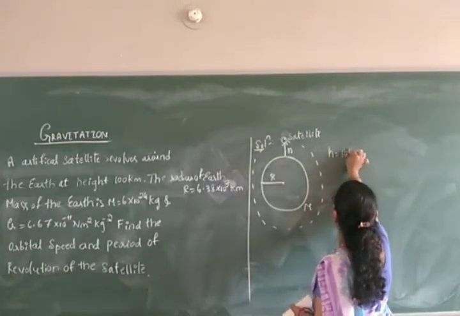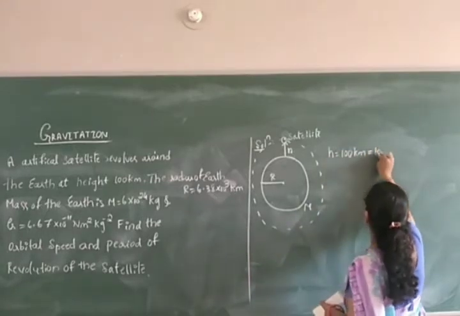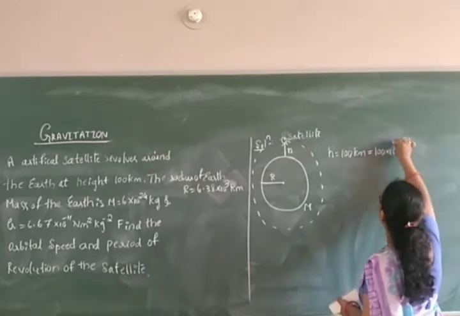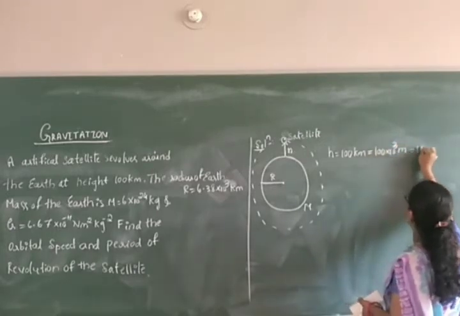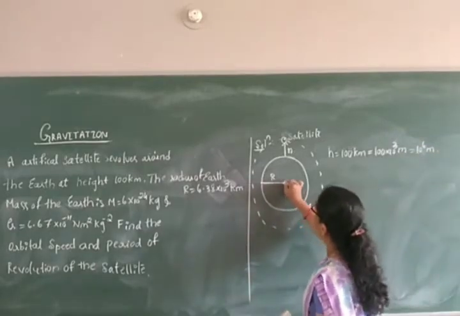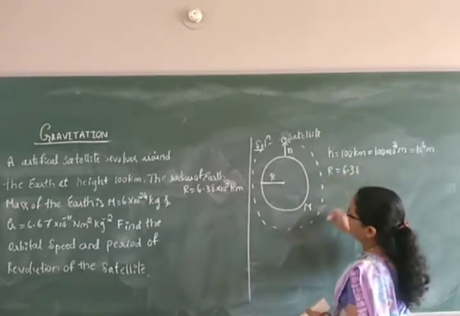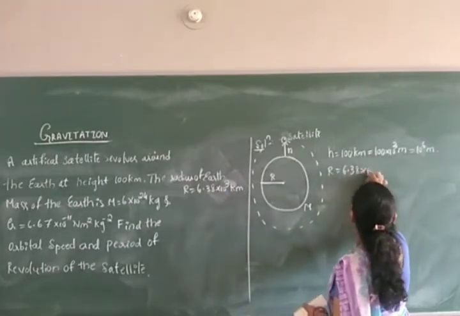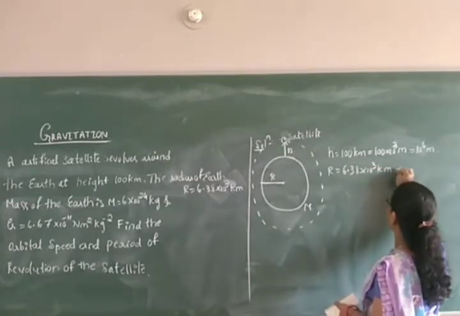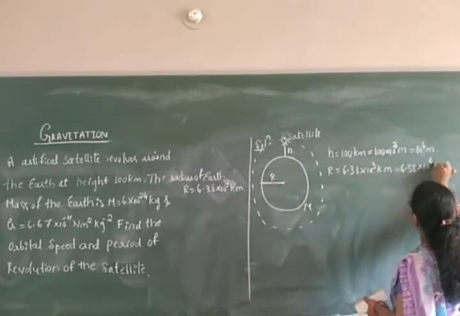They had given 100 kilometers, so we convert it into meters: 10 to the power 5 meter, that is 10 to the power 6 meter as written. The radius R is also given, 6.38 into 10 to the power 3 kilometer, so we can write it as 6.38 into 10 to the power 6 meter.